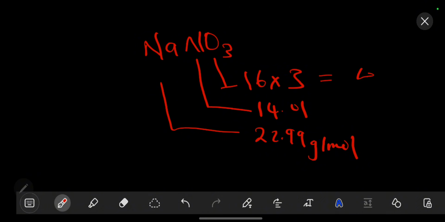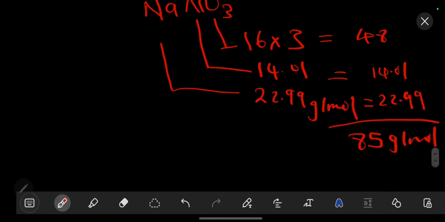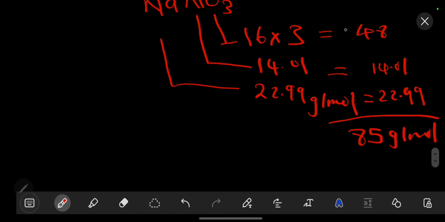So we are going to get 48 here, we have 14.01, we have 22.99. When we add these, we get 48 plus 14.01 plus 22.99. This gives us a value equal to 85 grams per mole. So this is our molar mass of sodium nitrate.